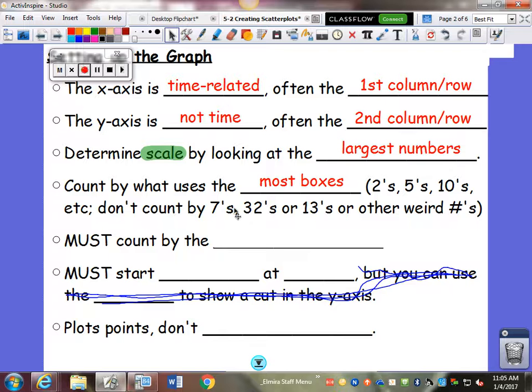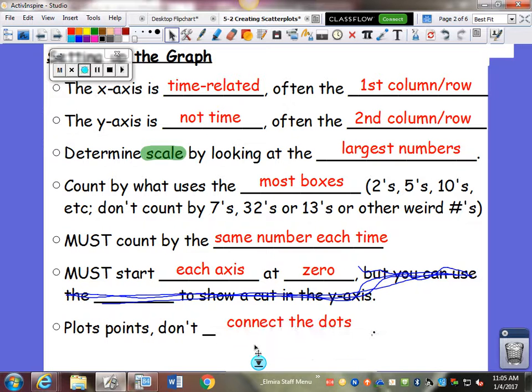Think about money numbers, okay? You must count by the same number every time, okay? You have to start each axis at 0 and then count by the same thing every time, all right?